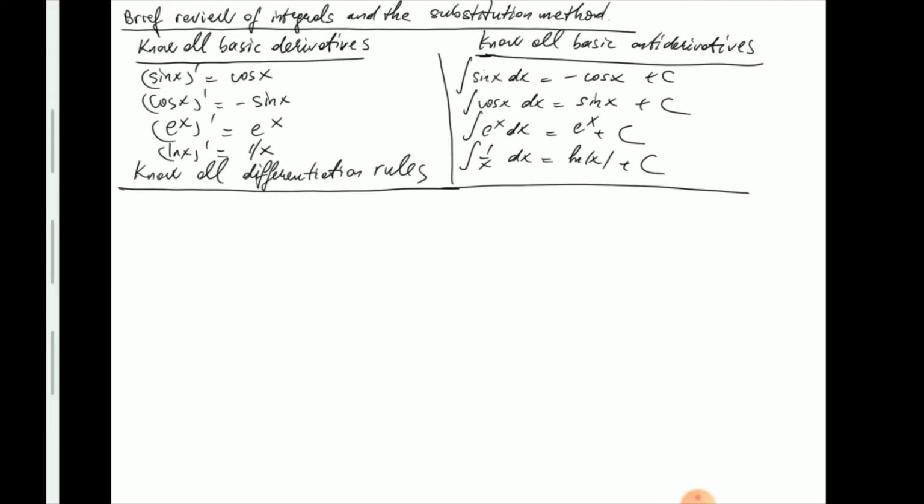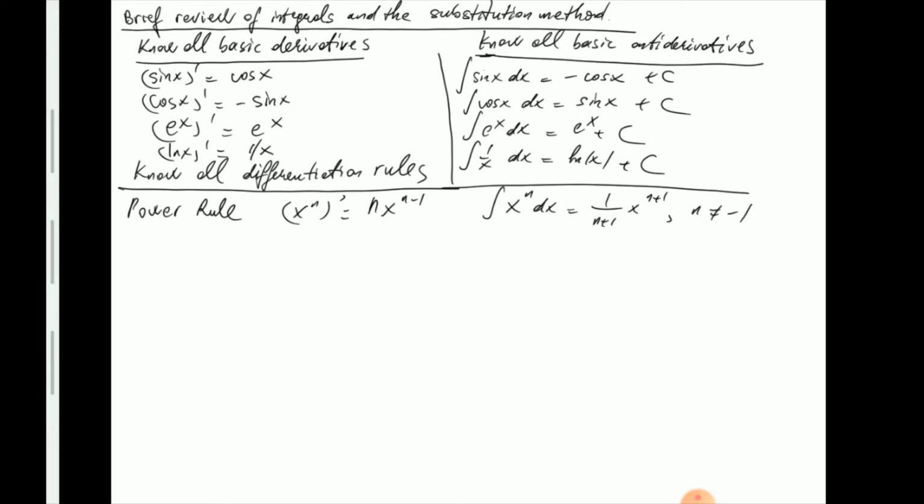I mean, the well-known power rule, because this is used quite often in practice. The derivative of x to the n is n x to the n minus 1, and then the corresponding power rule for the integral is 1 over n plus 1 x to the n plus 1 if n is not equal to minus 1.